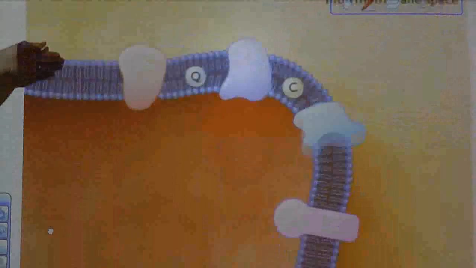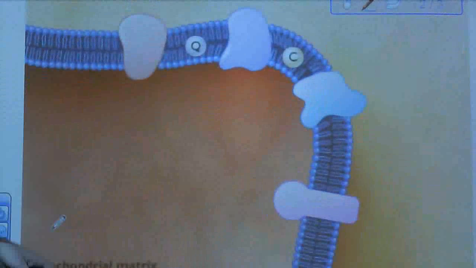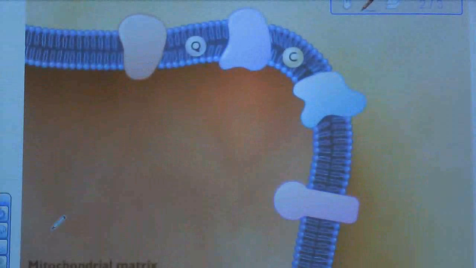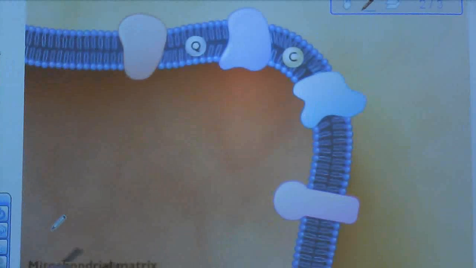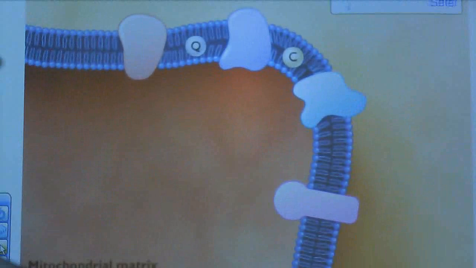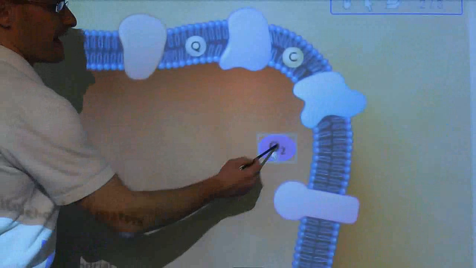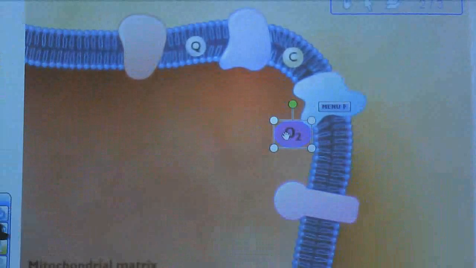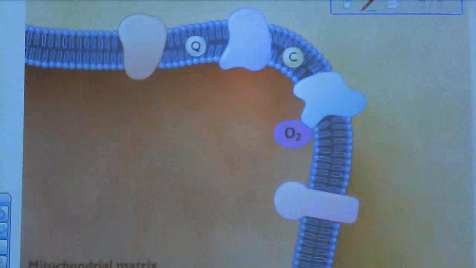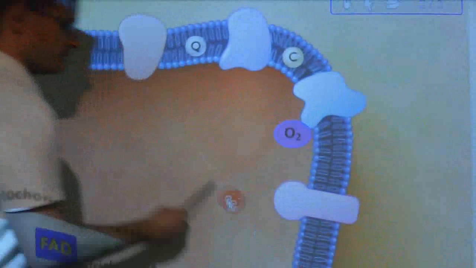So here's what I'd like you to do on your notes, is kind of just take this picture and recreate what you saw in the animation to the best of your ability, and just keep in mind kind of the important parts that we just went over. Like oxygen, just kind of hanging out there, waiting for those electrons to come by, which you're going to do that too.